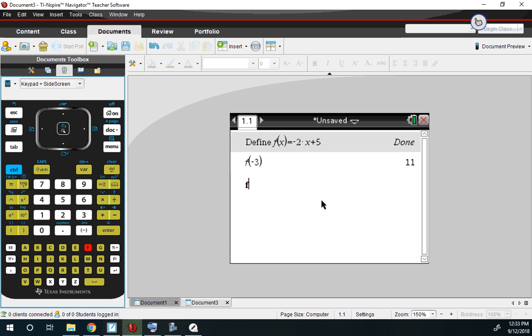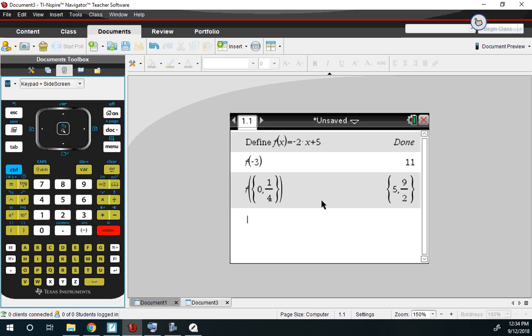I could do f of, and I'll show you the listing some other day, but 0 and 1/4, and it'll find the other 2 too. You can actually have it find as many as you want, as long as you're plugging in numbers. Okay? Are there any questions, comments, concerns, short debates, long debates about using the calculator to define and assign?